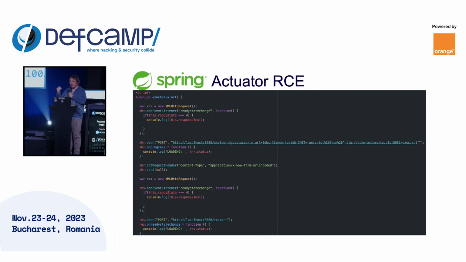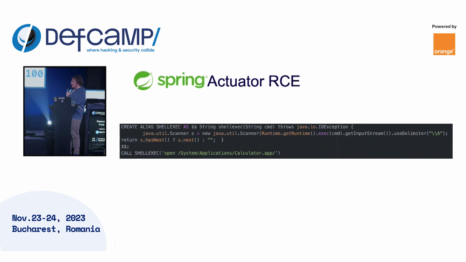The database will pull down a SQL file from, in this case, some random site, and execute that SQL on startup of the database when it gets restarted by the restart actuator. This is what the SQL code looks like. H2 is the in-memory database, and because of that, you can execute Java code from within it, for some reason that I've never been able to work out, but it's useful for me.